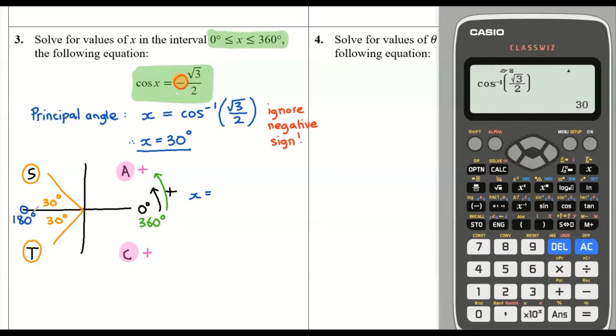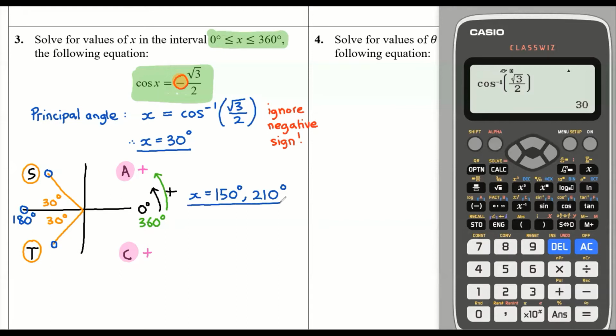But I don't want to go that far. I only want to go up to here. So it's 30 degrees less than 180. So that's going to be 150 degrees for my first angle. And then my second angle is 30 degrees greater than 180 degrees. So that's going to give me 210 degrees. Okay. And there's just two solutions between 0 and 360. So that should do it.